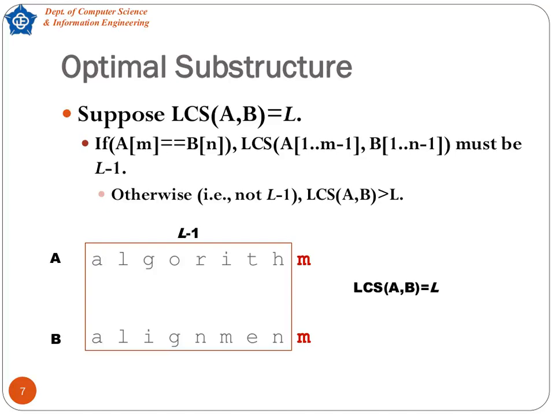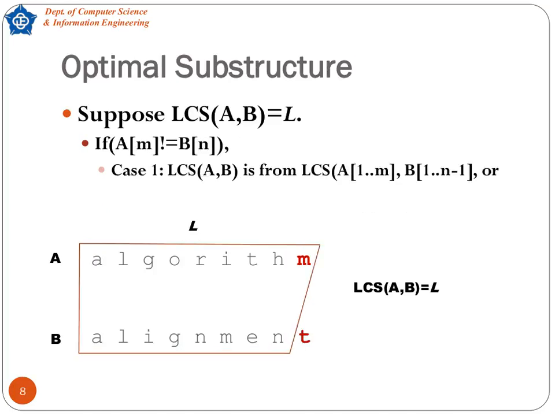If it were any smaller, you couldn't reach L by adding the final match. If it were any larger, you'd exceed L. For example, take A equals algorithm and B equals alignment, both end in M. The LCS of algorithm and alignment minus the final M has length L-1, and appending that last M brings us exactly to length L.